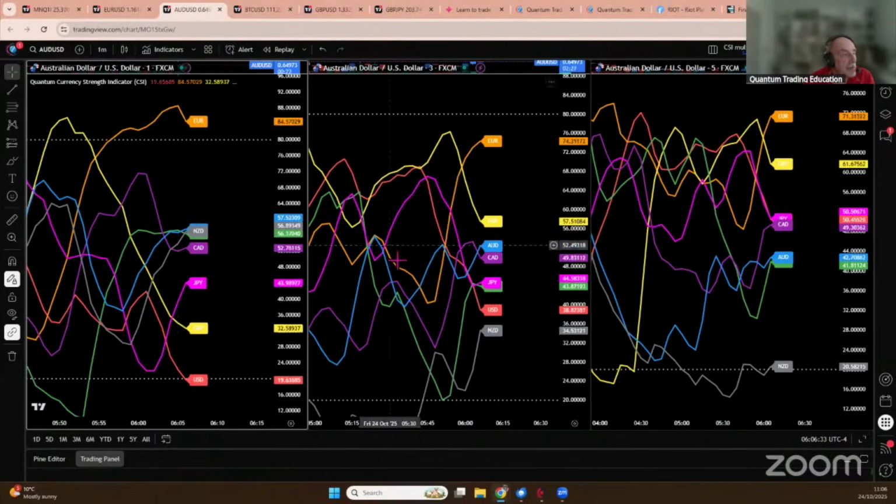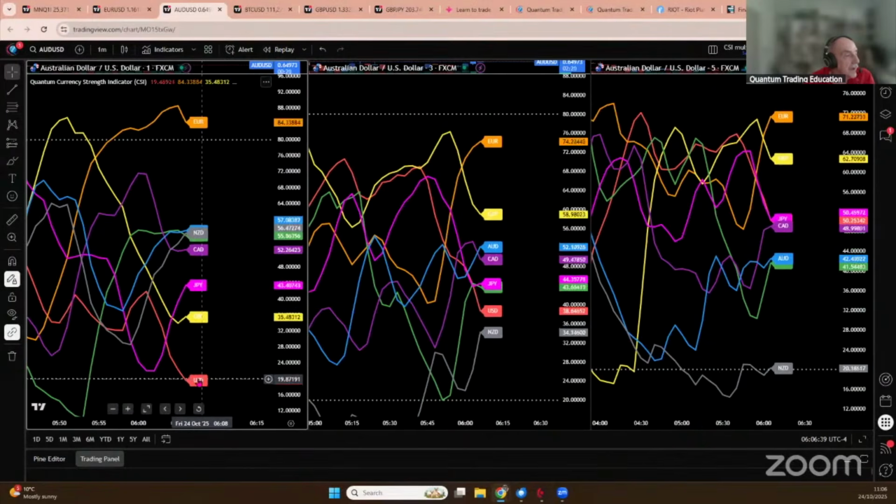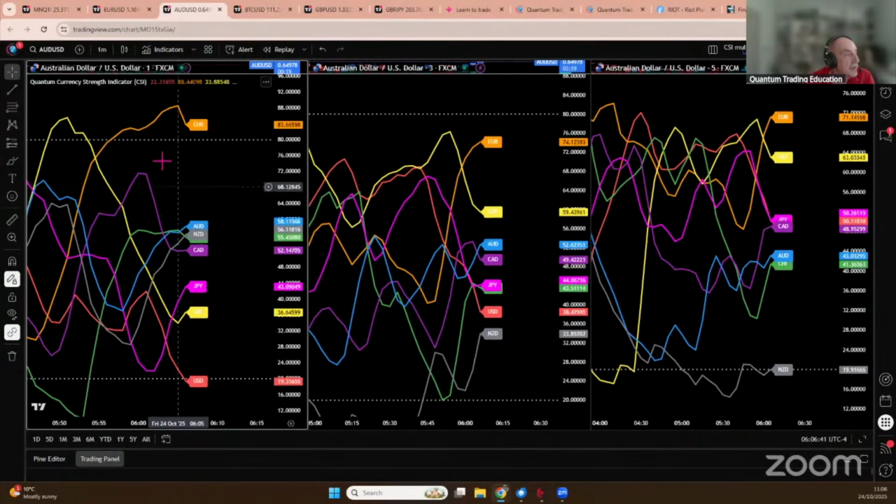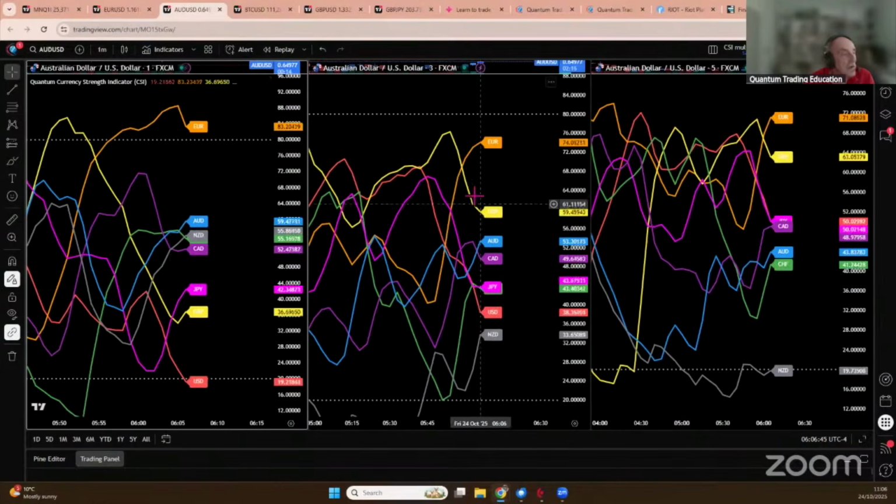Now, what we're seeing at the moment, if you look at the euro, which is this sort of orangey line, and the dollar, which is the red line, the reason we've had that very strong trend develop is because this is the 1 minute. So we've seen a lot of buying of euro, a lot of selling of dollar.